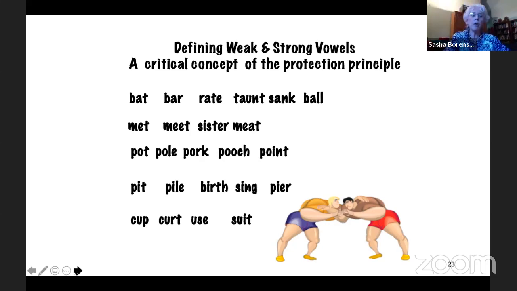And we know, like in the word bat, the vowel is saying what? Ah. And in the word bar, it's saying R. And the word rate, it's saying A. And the word taunt, it's saying aw.